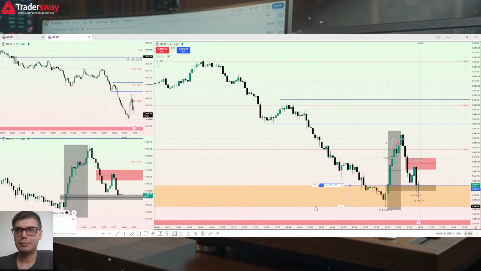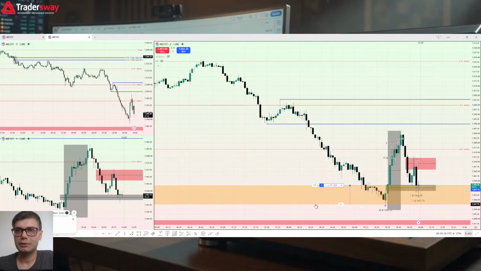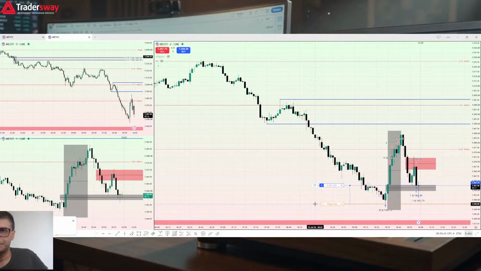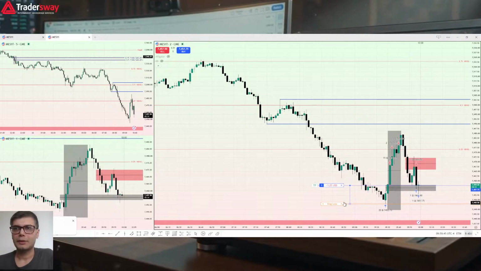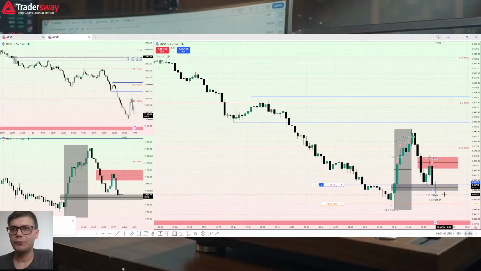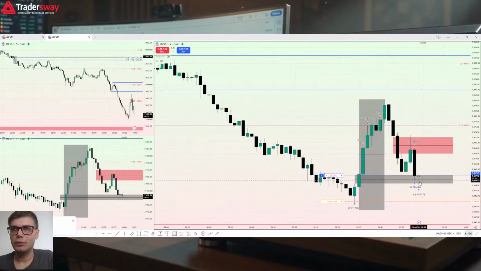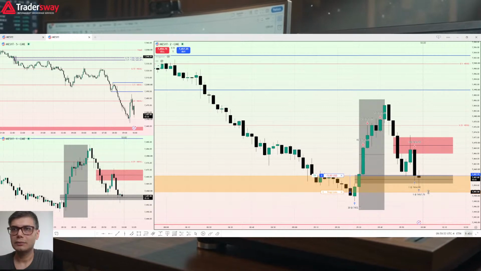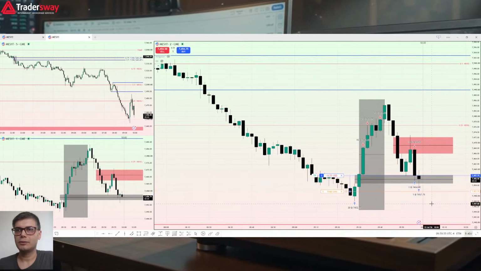Move the stop here. Actually, I want to move the stop very tight to the low of this candle. Yeah, that's good.